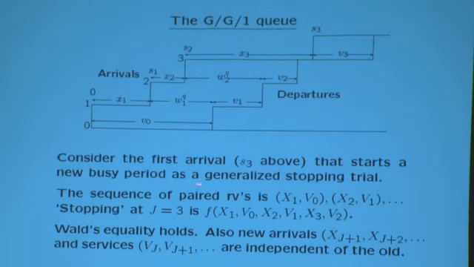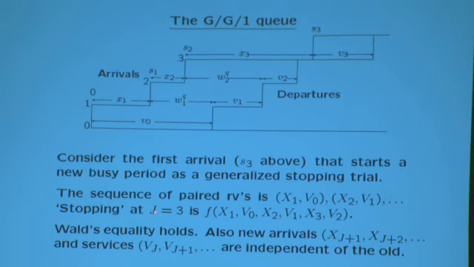Look at the first arrival that starts a new busy period. Think of that as a generalized stopping trial. Why is it a generalized stopping trial? Well, the sequence of paired random variables we want to look at is X1 V0, X2 V1, X3 V2, and so forth.